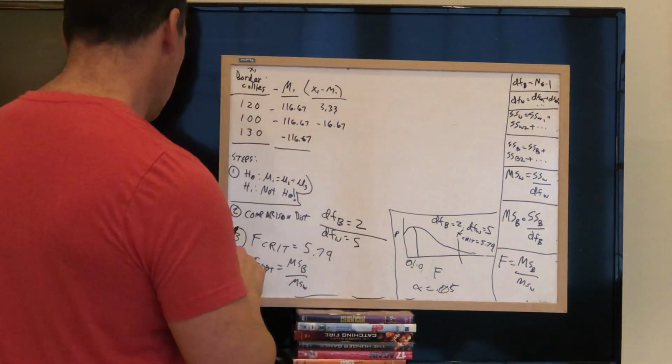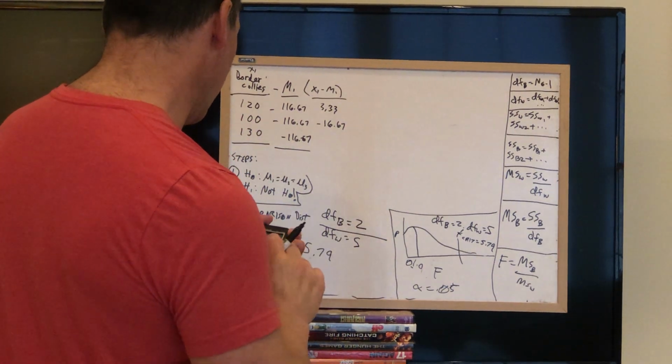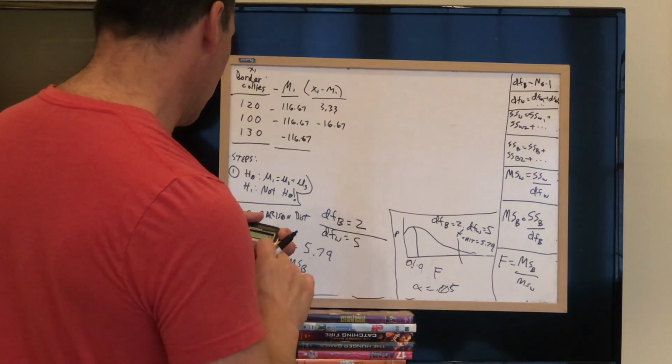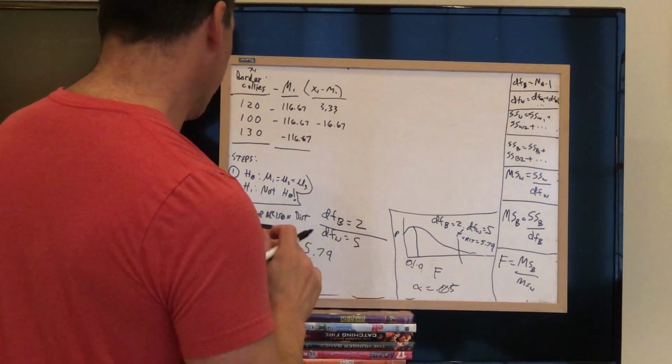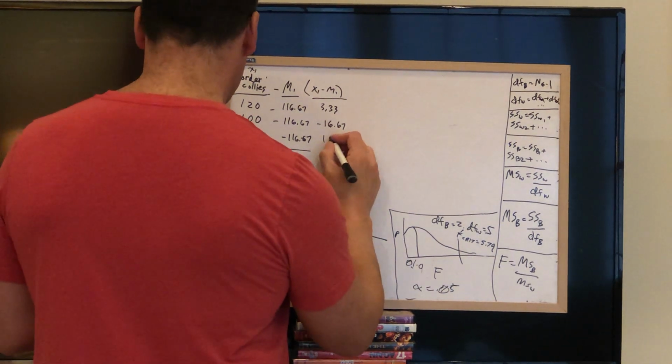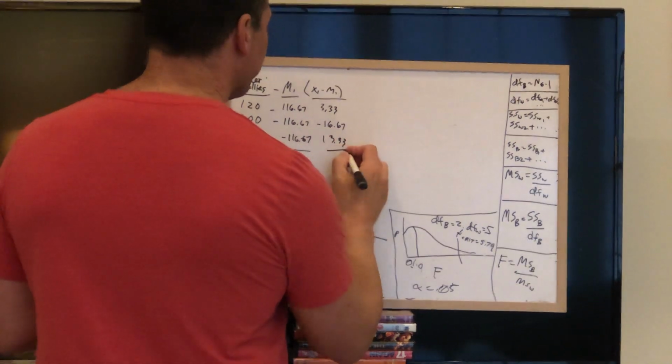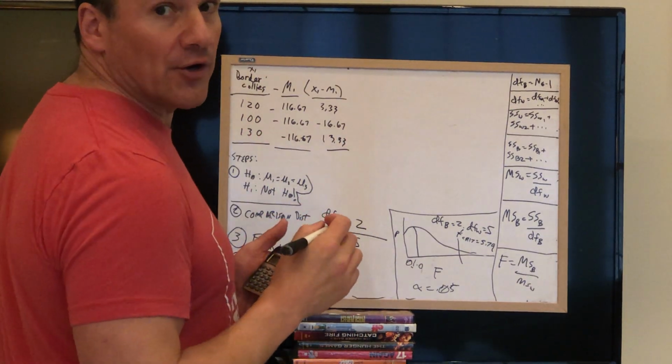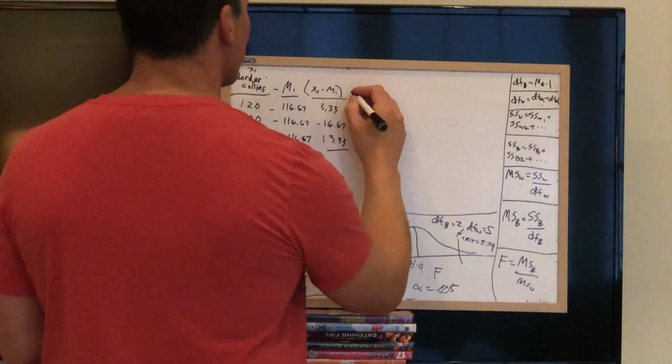And 130 minus 116.67 is 13.33. Those are our deviation scores.